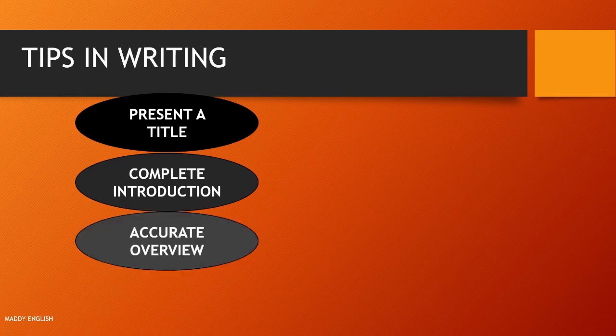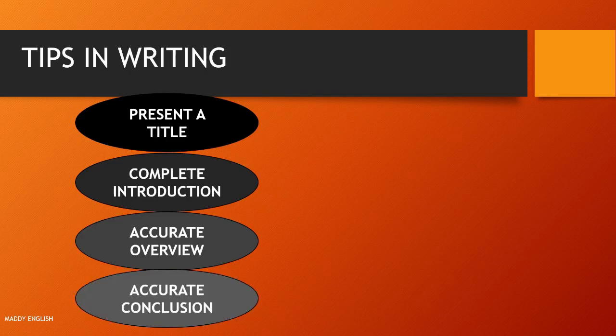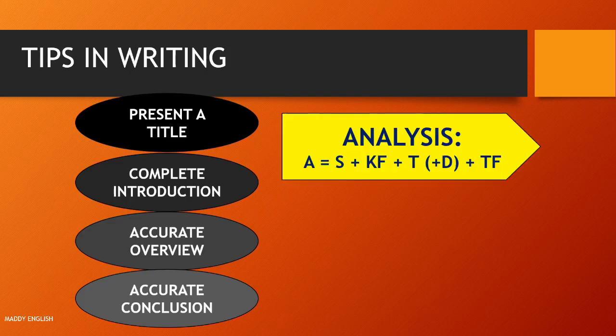Accurate overview, the relationship between the charts. Make sure you are able to make it clear to your examiner how Table 1 and Figure 1 are related to one another, and ensure that the time frame is accurate, and also ensure that your conclusion is presented accurately. As for the analysis, remember the 5 elements: subject, key feature, trend, data, and time frame.